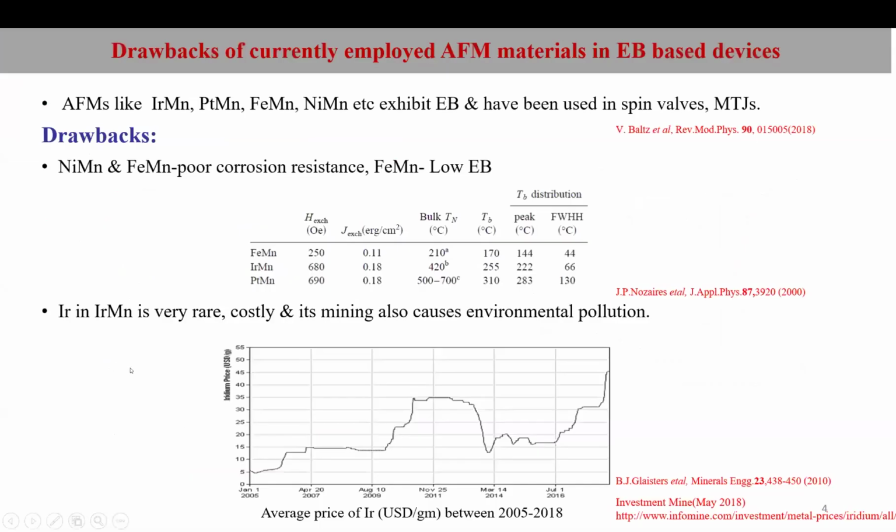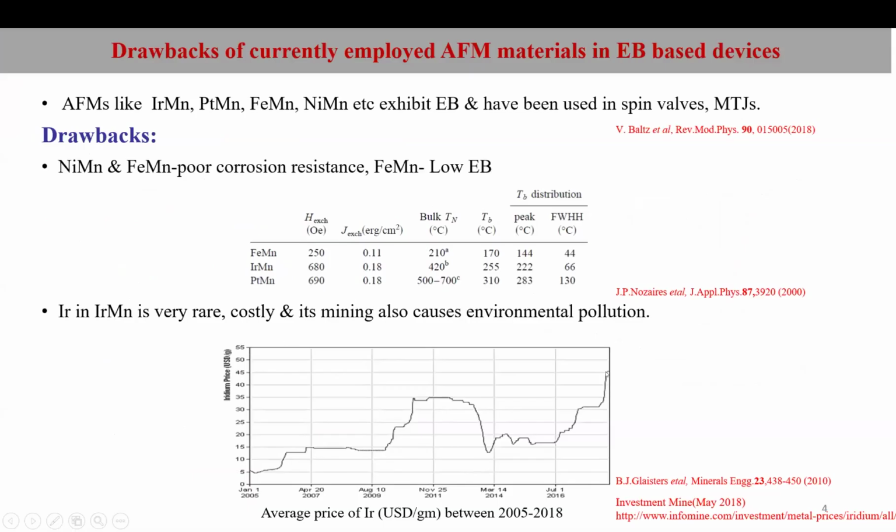Normally, the most common AFMs used in spin valves have been NiMn, FeMn, PtMn, and IrMn. But NiMn and FeMn have poor corrosion resistance and low exchange bias. So the most commonly used antiferromagnet presently is IrMn, whose price, as you can see in this figure, has increased quite highly in the last few years.